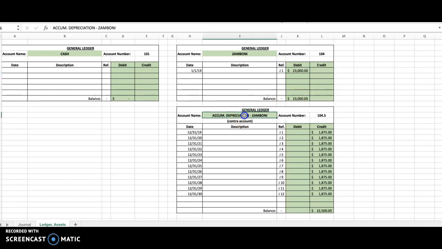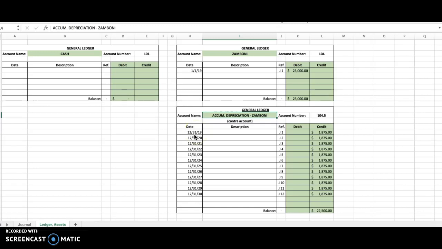The other important account that goes along with this is the accumulated depreciation for the Zamboni. And this also would be shown on the balance sheet. And I've filled in what entries there would have been for the past 12 years.